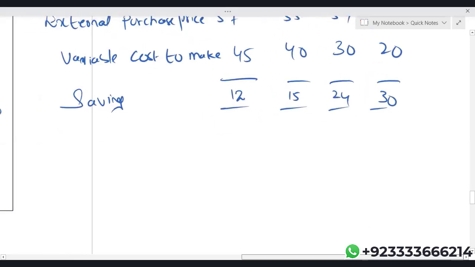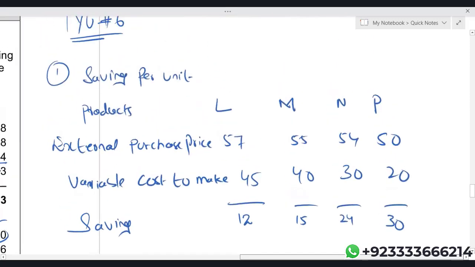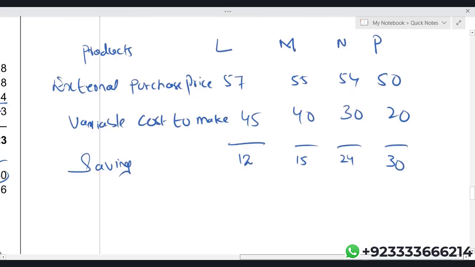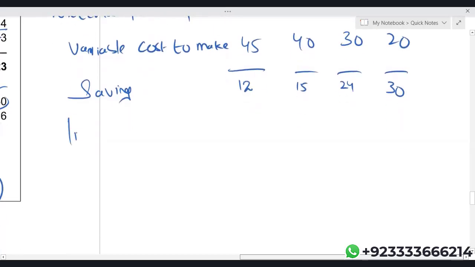Step 2: we just need to calculate saving per unit of the limiting factor.